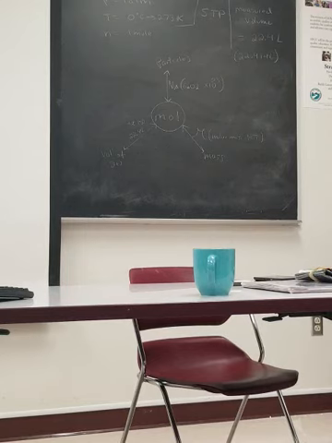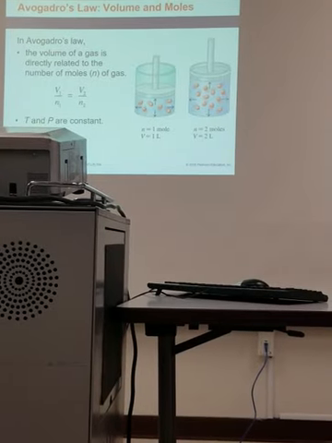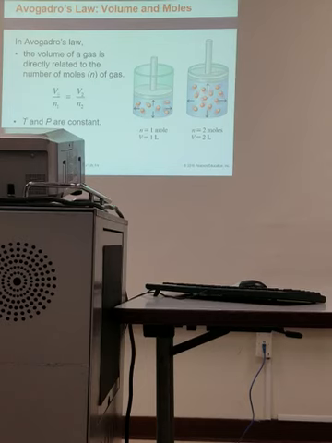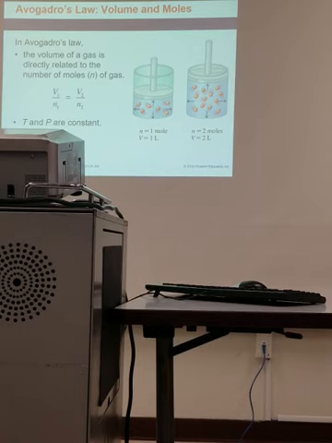If we're not at STP, then there's an equation on the next section that we'll have to use. But for now, we make the problems easier by just making sure that we're at STP conditions. And that 22.4 is known as the molar volume of the gas.